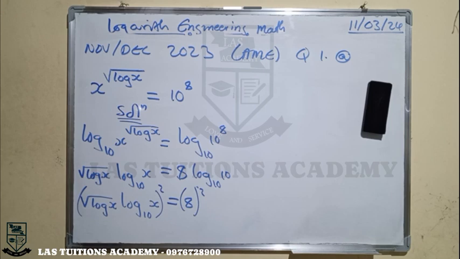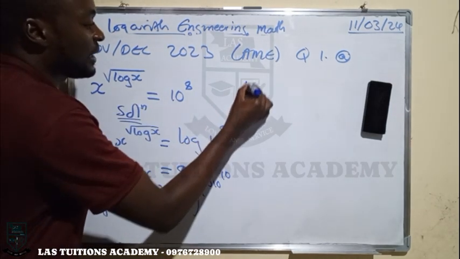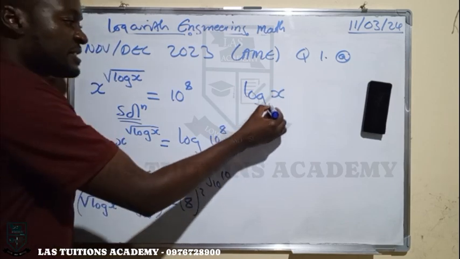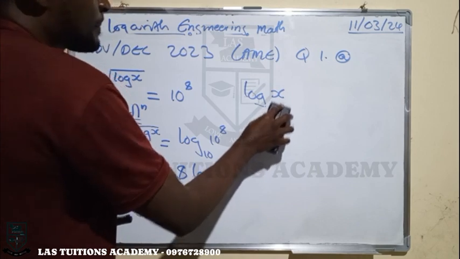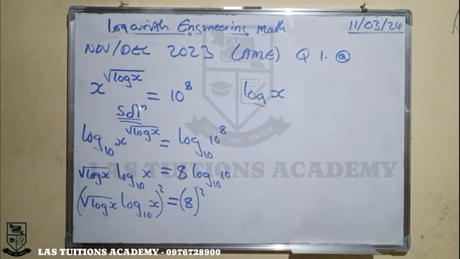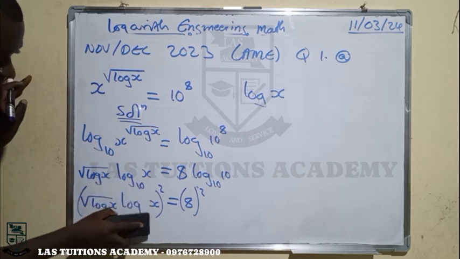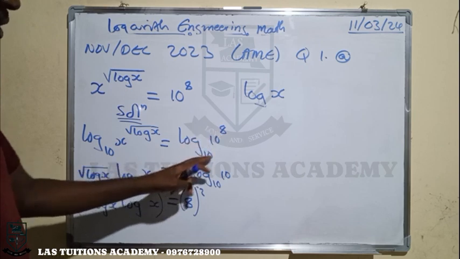Now, I forgot to mention, when you just see a log like this, log something, it means it's base 10. So the 10 usually is not included. It's just removed. Then you know you're dealing with base 10. Here you can even decide to remove this 10, but I have included it so that you know what will happen here.